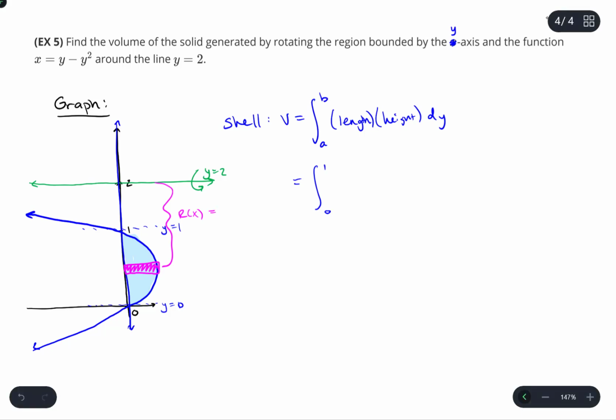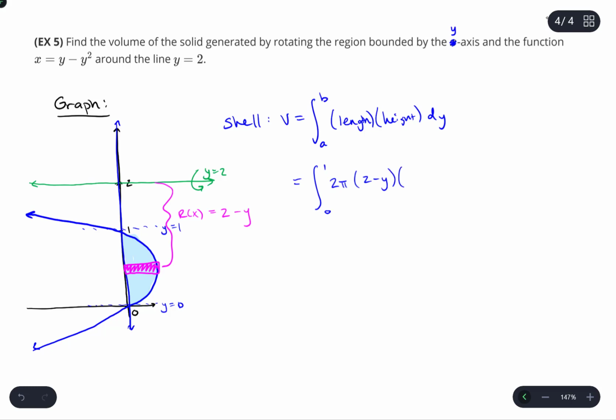We just want to ensure it's positive, so we're going to take the most positive part, which is always the constant 2, minus the location of this rectangle, which is always the coordinate y, and 2 minus y would always result in a positive number, making the radius positive, and thus making the circumference of the circle positive. So the circumference then is 2 pi times my radius function.